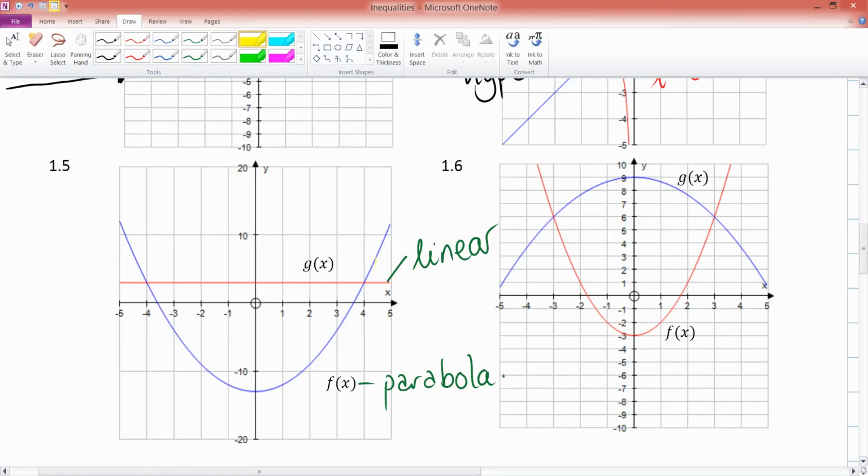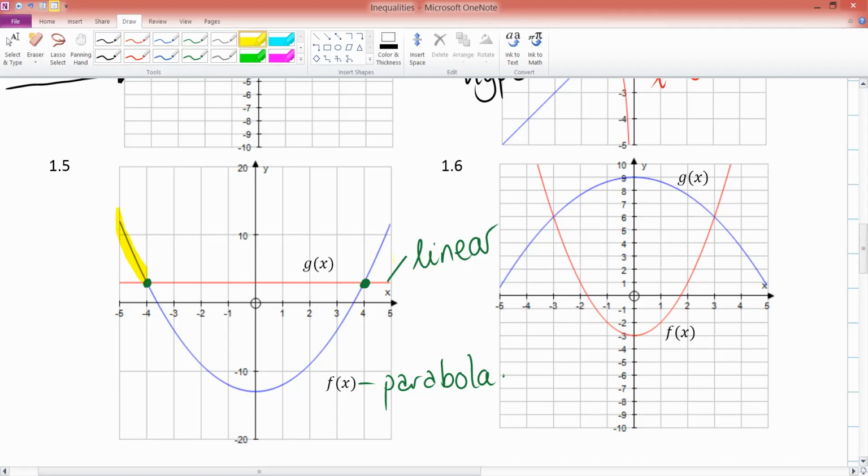So remember, we always said that we look at the intersection points. That's an intersection point there. That's an intersection point there. So those two intersection points must be in our answer. So the first portion that is strictly above is that part there.